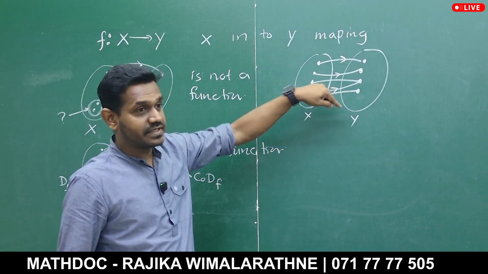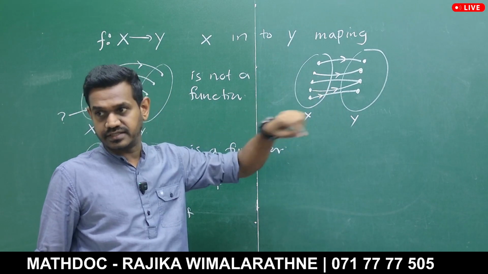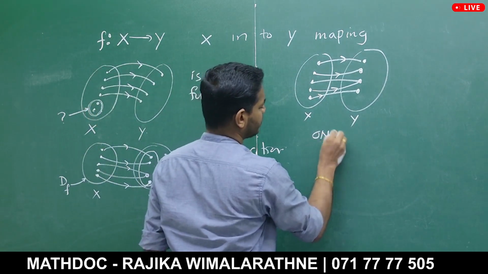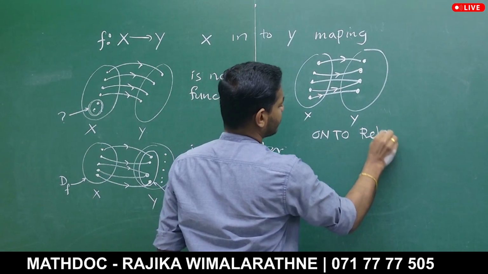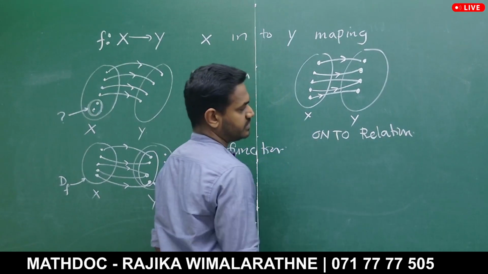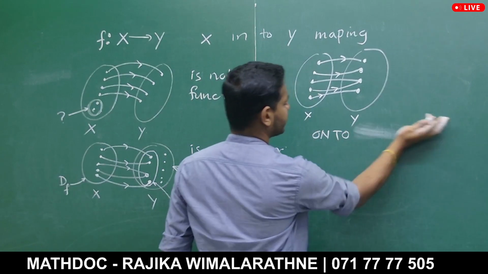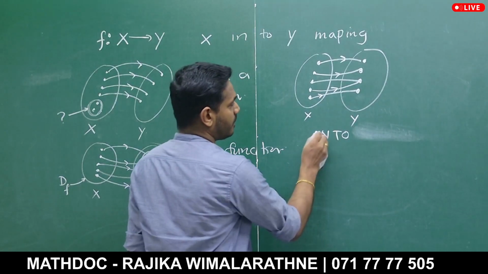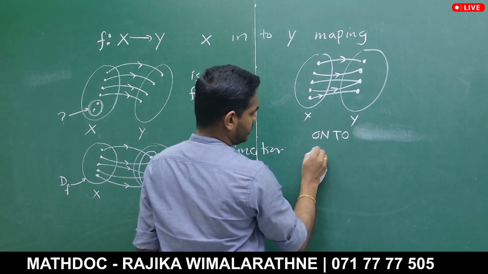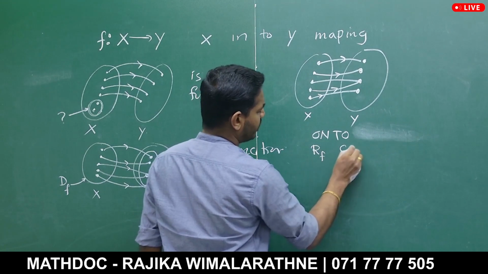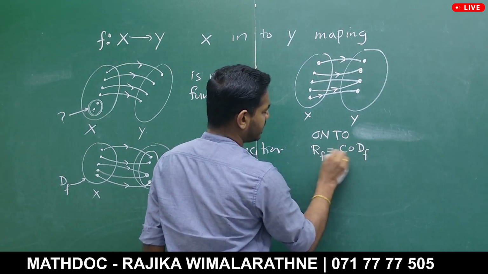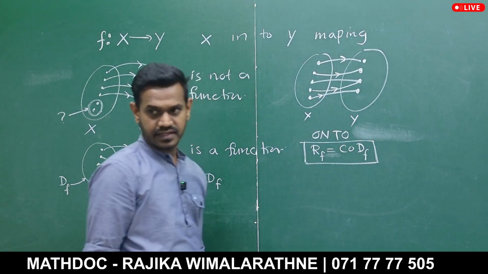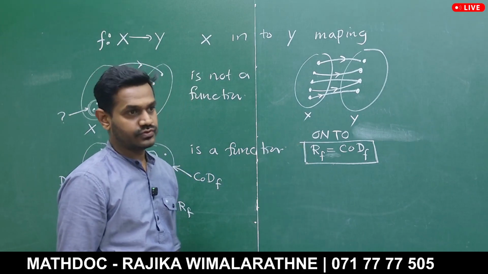Then this we say is especially an onto relation, or onto function. Let's just say onto relation or onto function, but it is okay. Onto. Then here the specialty: range and codomain are both the same, no? Both are same. Then no extra values there, no? That we call onto.